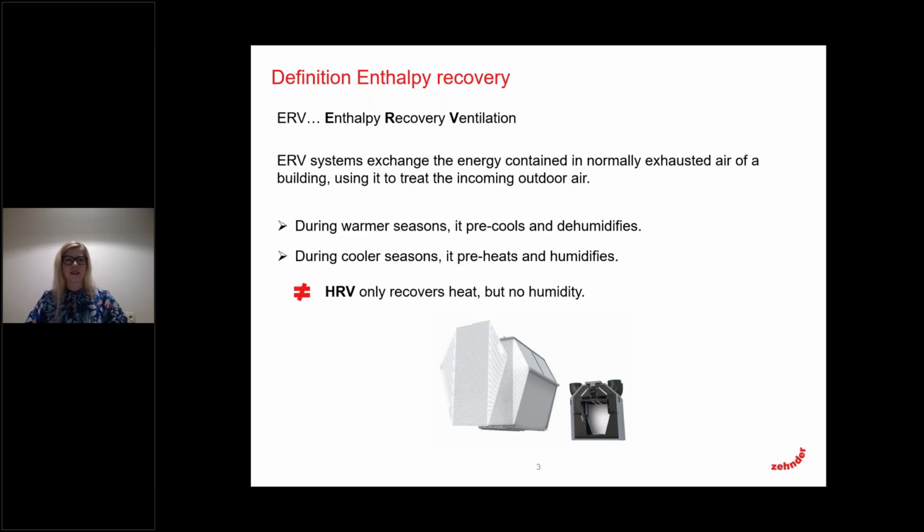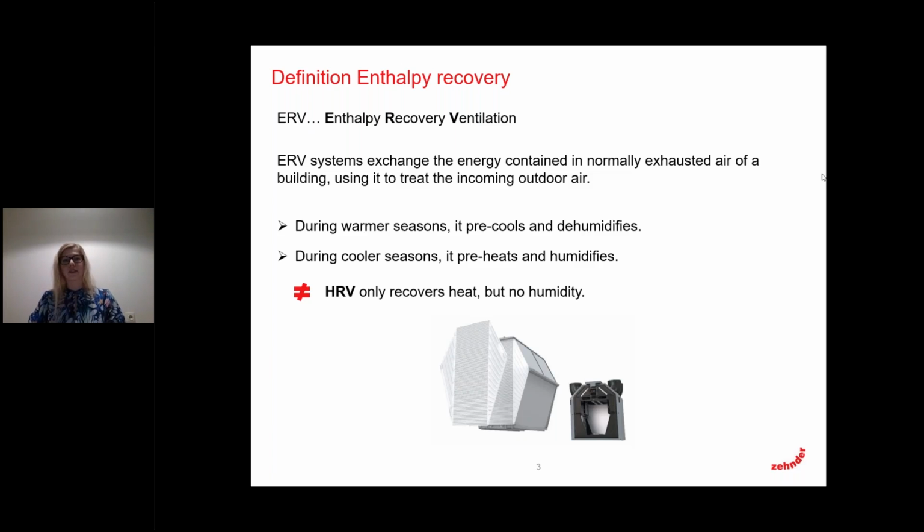The main idea of ERV systems is to exchange the energy contained in normally exhaust air of a building, or the indoor air, and this is then used to treat the incoming outdoor air. If we think about this from a thermodynamical perspective, the warmer body always gives away the heat to a colder body, or the energy is always given to the body that has it less.